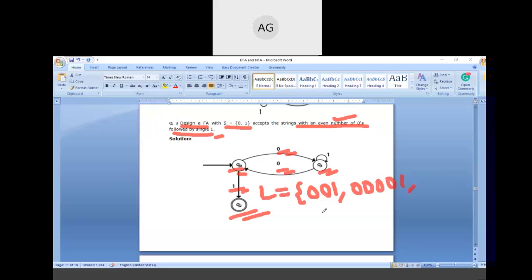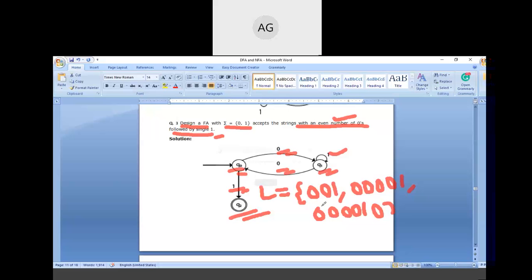If you traverse it three times, you can get this. And here you can see 1 is also there at q1, then you can write 1 here, and even then you can traverse it more than one time.